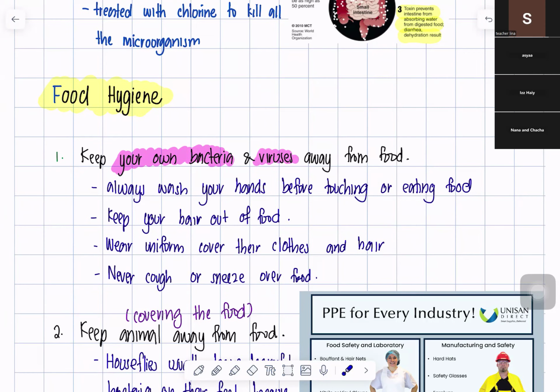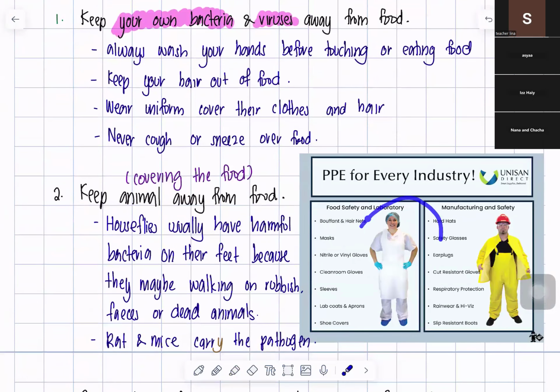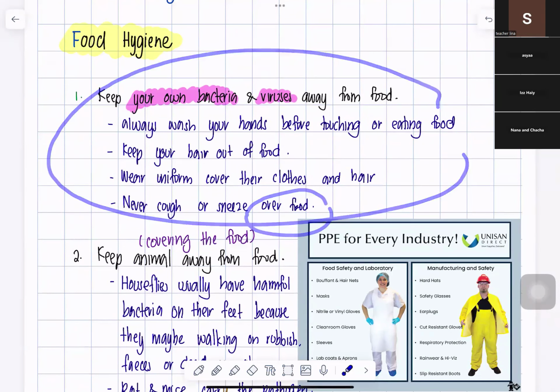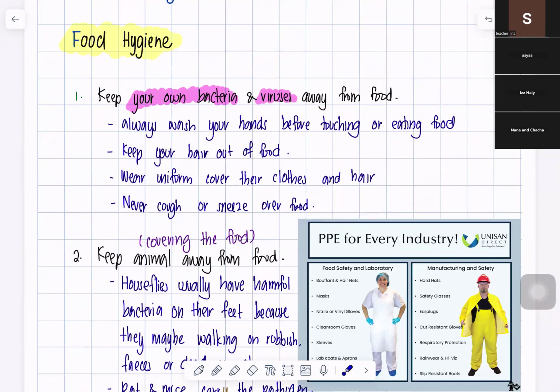Then you need to wear a uniform that covers your clothes and hair. Never cough or sneeze over the food. You can think logically. For sure, when you want to eat, you need to wash your hands first. Then keep your hair out of the food, so wear the uniform.